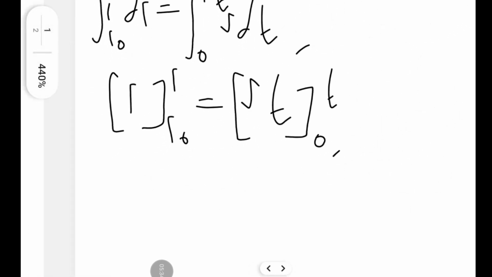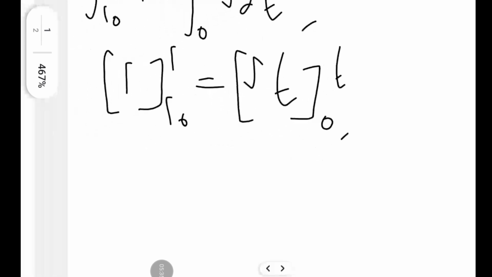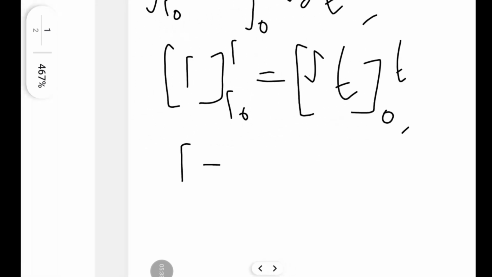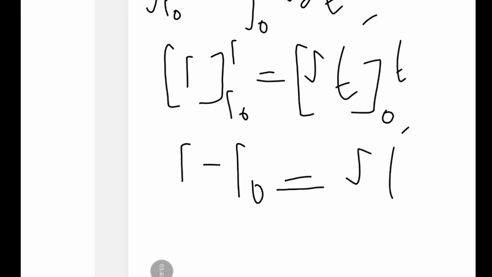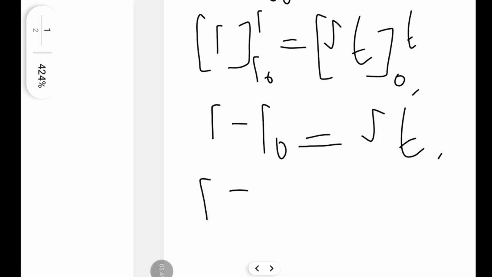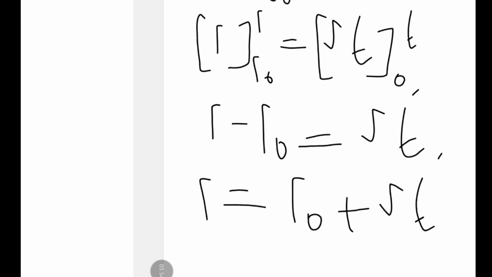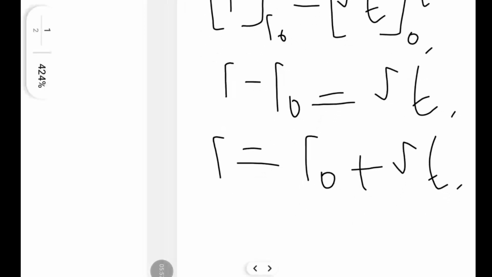That can just convert into r minus r0 is equal to vt, and you can see now we have a SUVAT equation. We know that the displacement is equal to the initial displacement plus velocity times time. That's an initial SUVAT equation that we have.